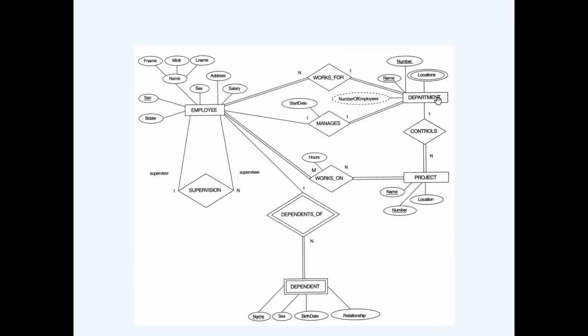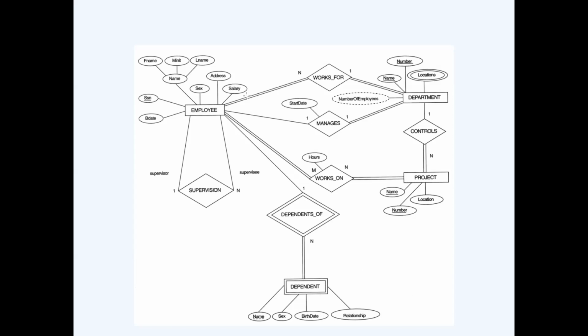Similar to that, in department, we have name, number, and locations. Right. Then relationships. Now you can see relationships are represented like this. You have a diamond-shaped block like this, and the lines indicate that they are connected. So employee works for department. So you can see that's the basic representation.